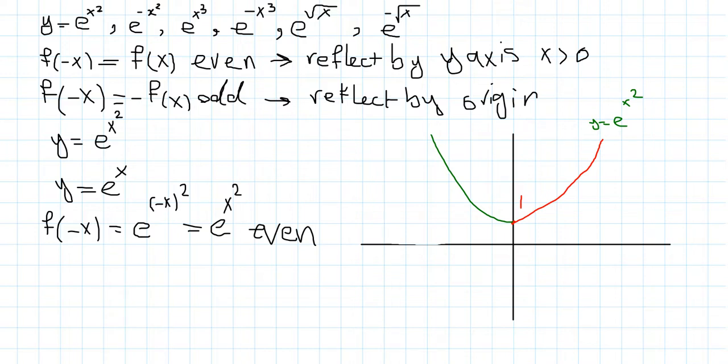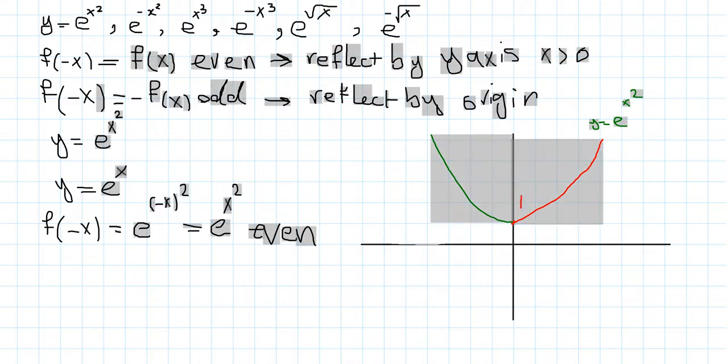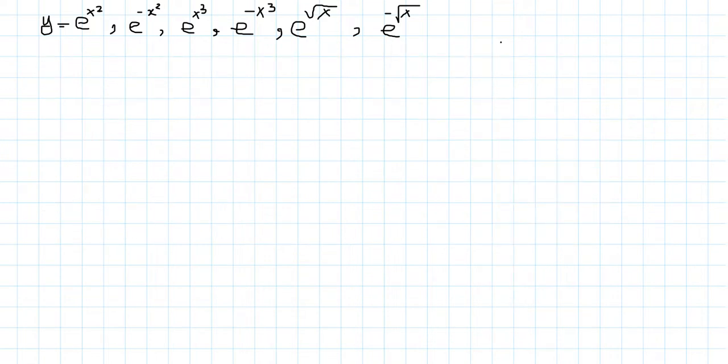Now let's solve another graph. So we have y equals e to the power of minus x squared. We know that minus x squared is again even.